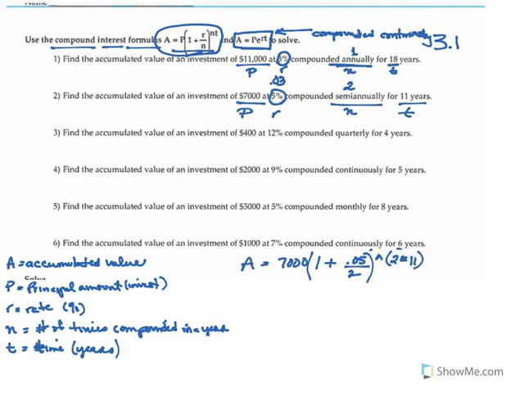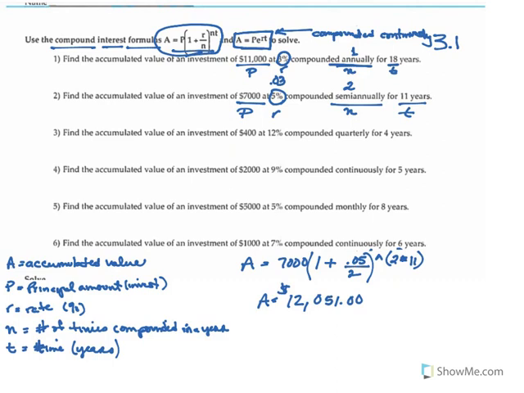Then we calculate that in the calculator: 1 plus 0.05 divided by 2, close parentheses, caret, open parentheses, 2 times 11, close parentheses. We get $12,051, because when we round to the hundredth place, we get nines, so it has to go up to the 1. And this is money, so we can put our dollar signs.